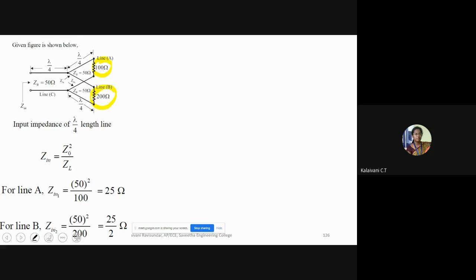Now, Z in 1 and Z in 2 are parallel. So the effective load will be equal to ZL, Z in 1 parallel to Z in 2. So 25 by 2 parallel with 25. Find the value.